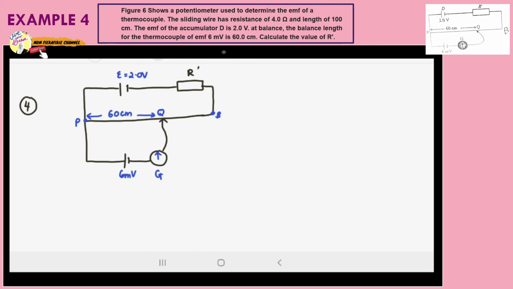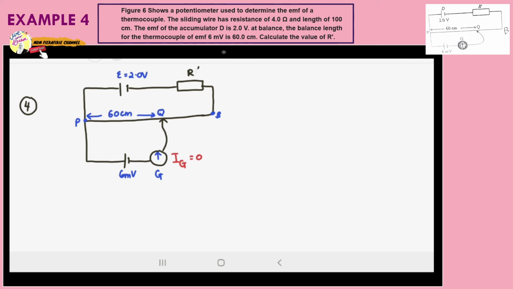At a balance point, the balance length for the thermocouple of EMF 6 millivolt is 60 centimeter. This means that when the reading of the galvanometer is equal to 0, the position of the jockey is at point Q, and the balance length is recorded as 60 centimeter.